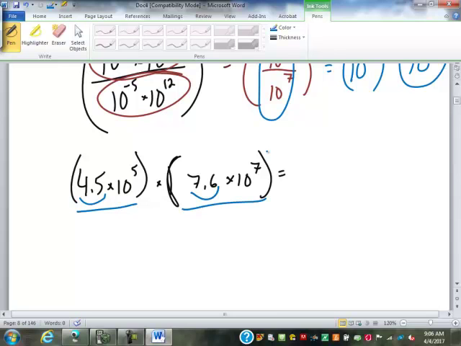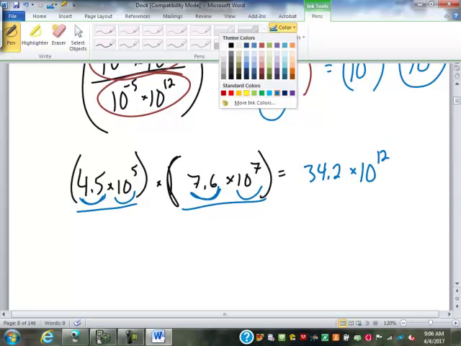But when you multiply, you combine the counts. 4.5 times 7.6, which is 34.2. Then you combine the names. 10 to the 5th times 10 to the 7th is 10 to the 12th. Good. Now what's the problem with this right now?